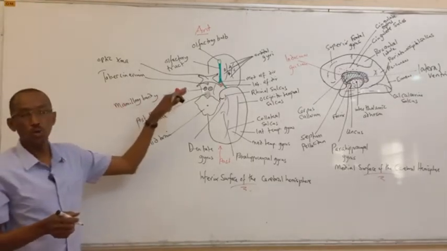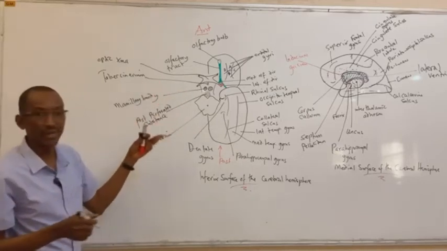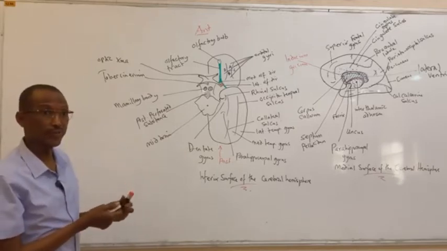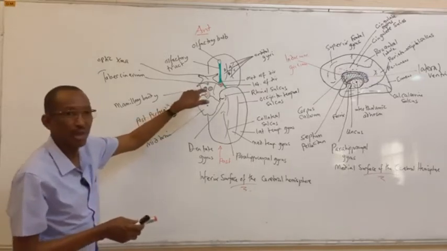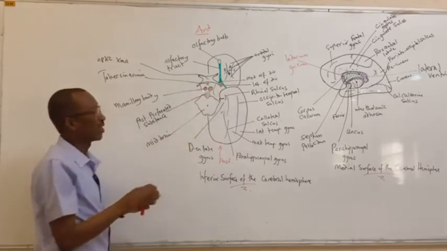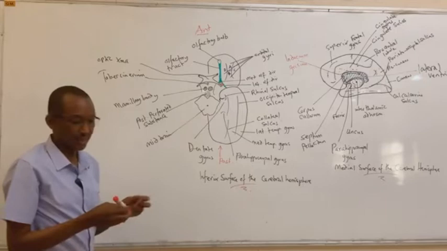And so we are also going to discuss these mammillary bodies when we are discussing the limbic system and other parts of the gray matter of the cerebral hemispheres. And behind the two mammillary bodies, there is one small area that is perforated by small arteries.